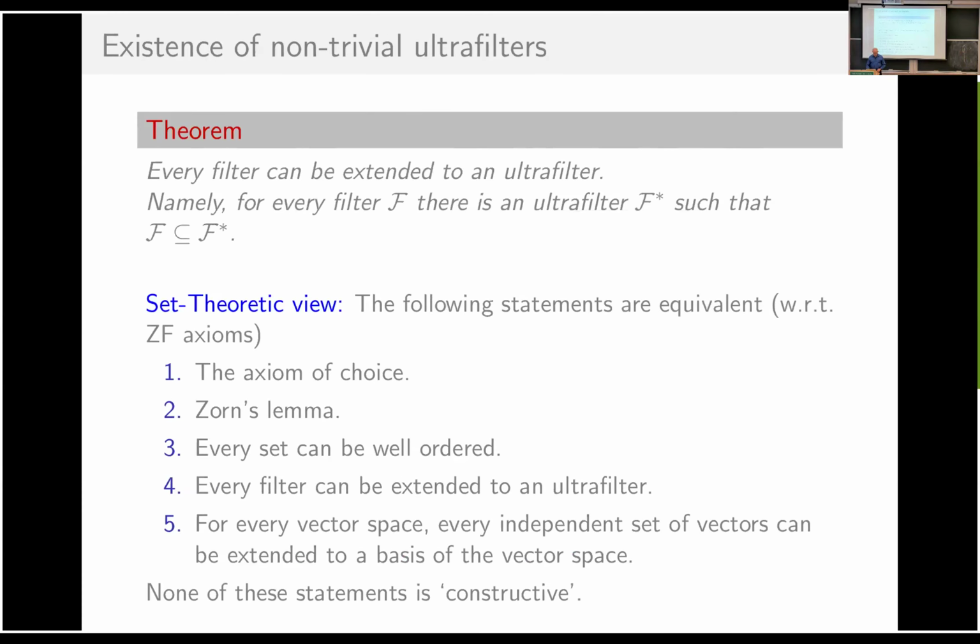In the set theoretic view, all of those are equivalent: the axiom of choice, Zorn's lemma that we discussed, every set can be well ordered, every filter can be extended to an ultrafilter, and for every vector space, every independent set of vectors can be extended to a basis. All of them are equivalent.